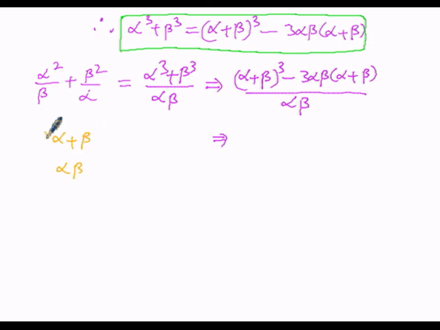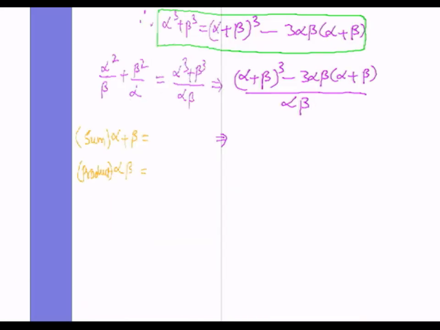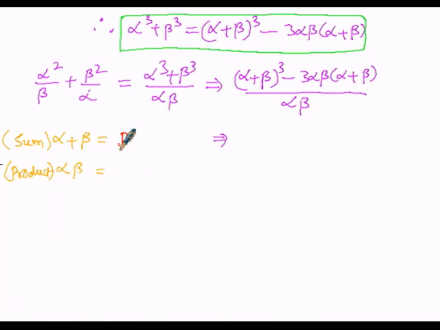and as well as alpha beta. This is nothing but the sum of the roots. Alpha beta is nothing but the product of the roots. So here we got the sum of the roots, that is alpha plus beta, is p, and the product of the roots alpha beta is q.